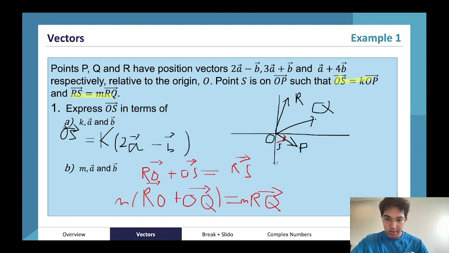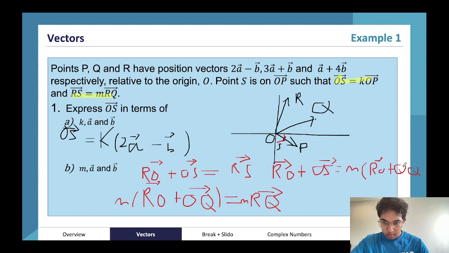And so now I can do RO plus OS is equal to M times RO plus OQ. Okay, and then from here we can solve.